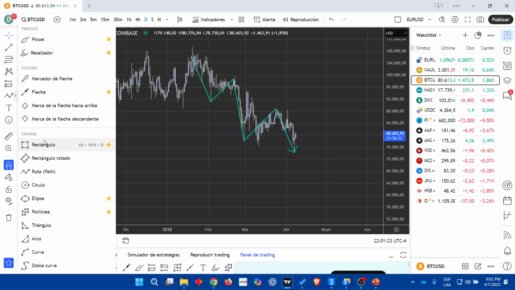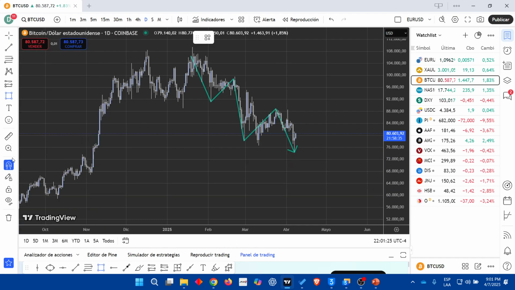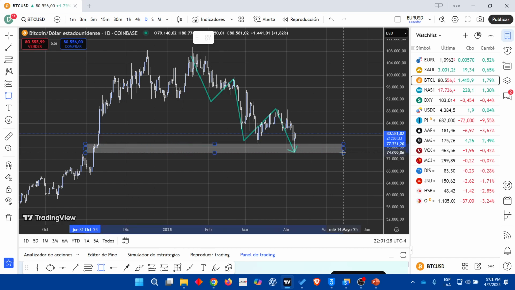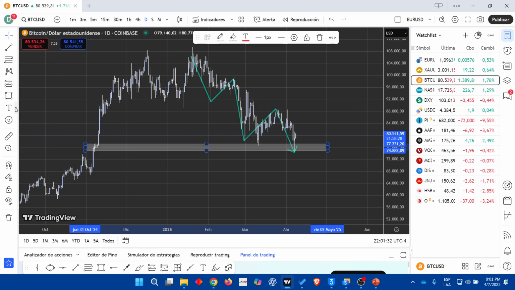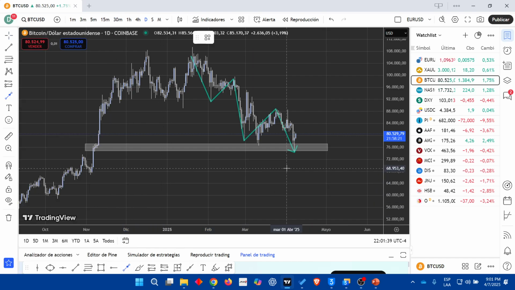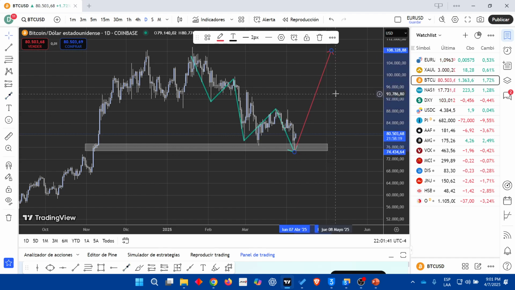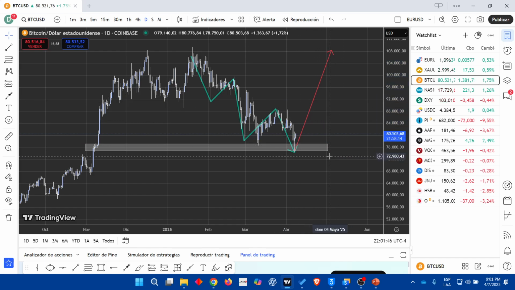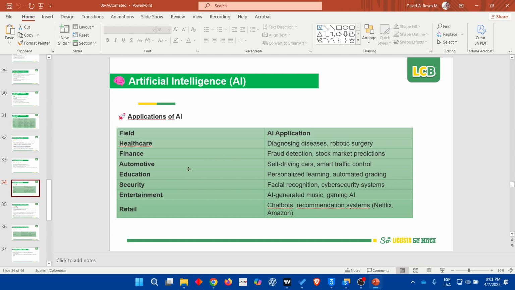Let me show you. It is going to read the information and decide, and say, okay, this means that this is going to go up, so please buy. Or it is going to continue going down, so please sell. So it's going to be able to predict in finance.